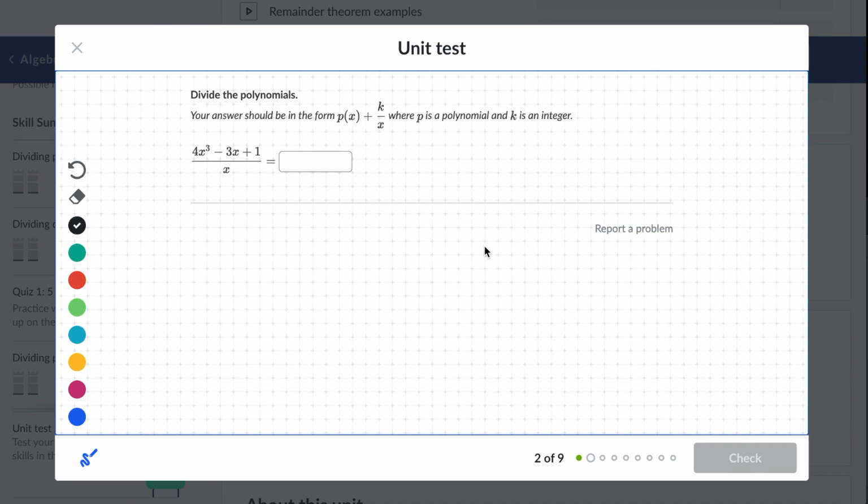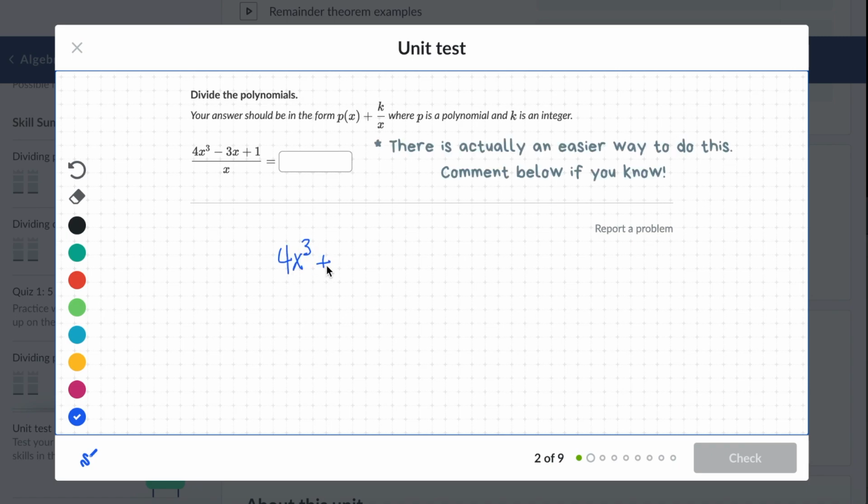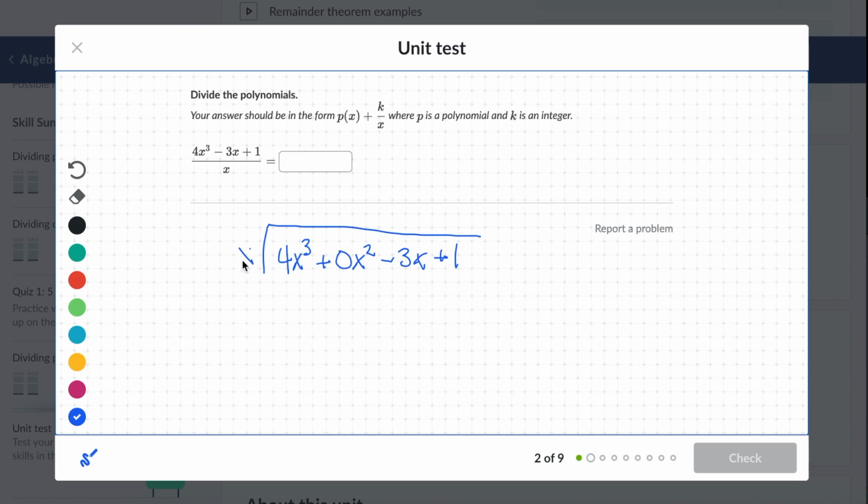Okay, divide the polynomials. Again, we're going to do the same thing. I'm going to put a placeholder for x squared. And now we're going to divide. We'll take the first terms and divide them. 4x cubed divided by x is going to be 4x squared.